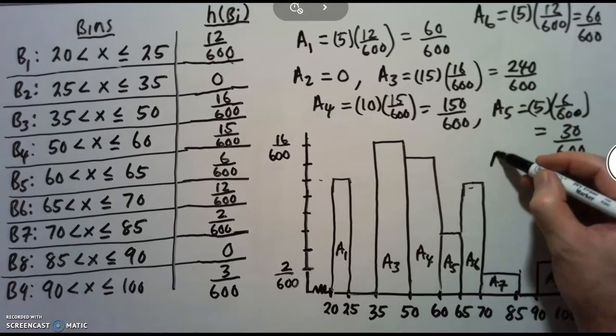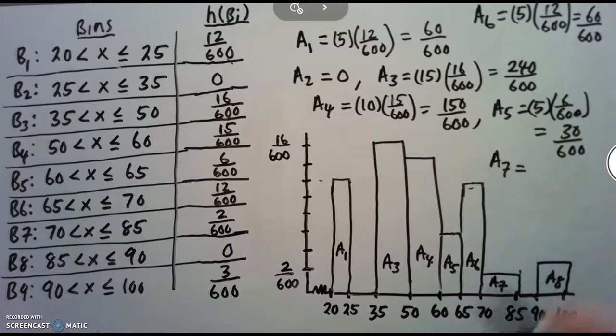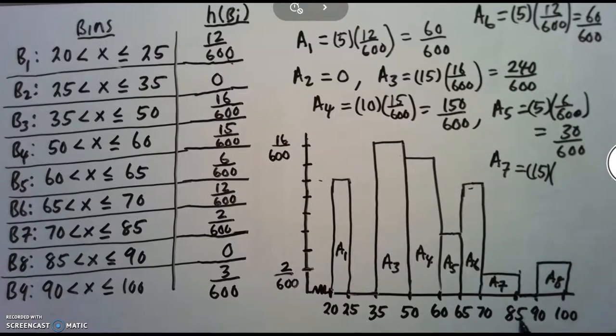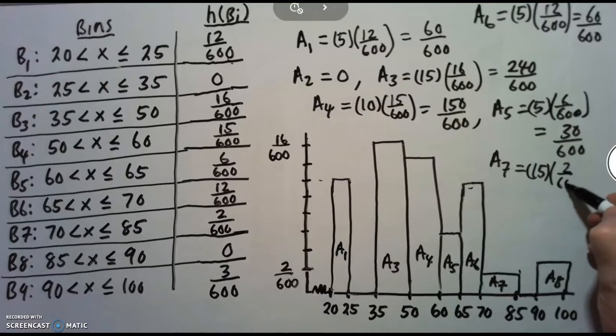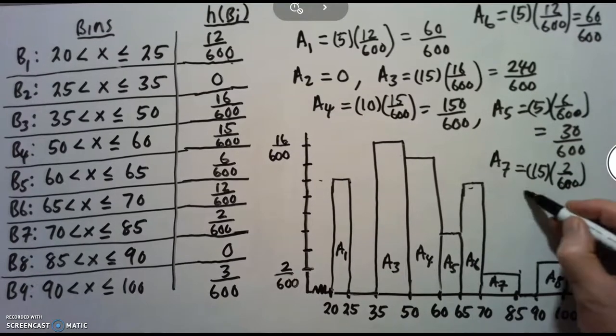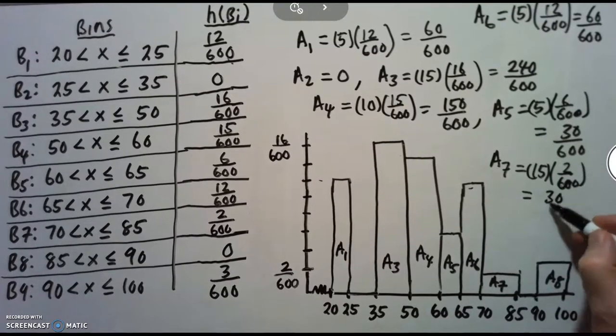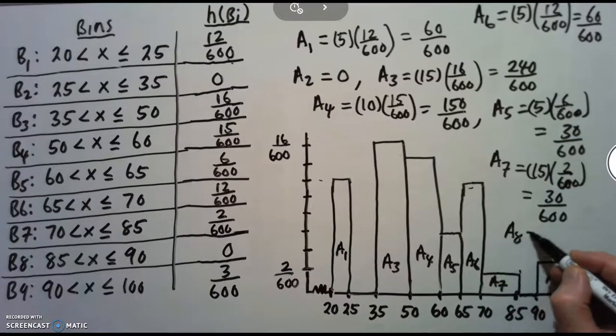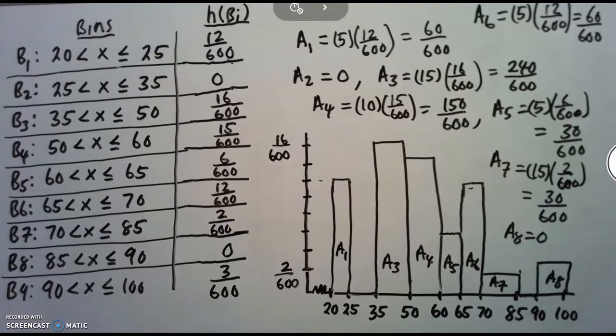Okay, A7. So A7 would be 15 times the height of A7, so it'll be 2, so it'll be 30 over 600. Okay, and A8 is 0. A8's there.